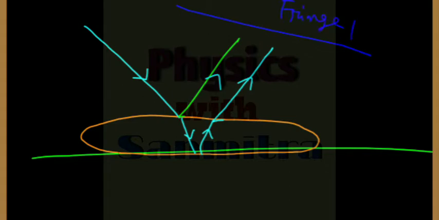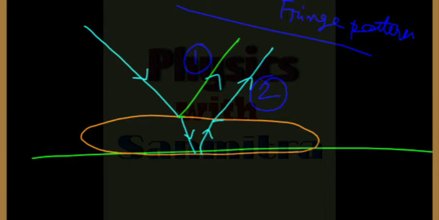A part of the light is reflected and this part is also reflected. If these two superimpose by some means, then we can find some fringe pattern or interference pattern. So these two reflected lights can form a fringe pattern.